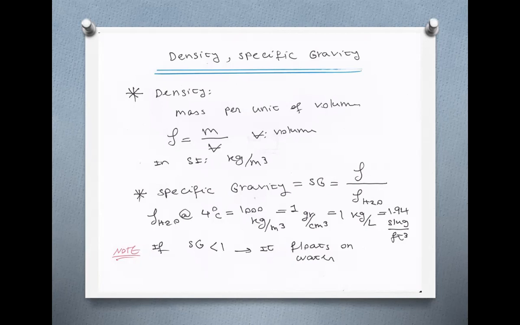So specific gravity is the density of the fluid divided by the density of water at 4 degrees centigrade, which is 1,000 kilogram per meter cubed, or 1 gram per centimeter cubed, or 1 kilogram per liter. Keep that in mind. 1,000 liters is equal to 1 meter cubed.